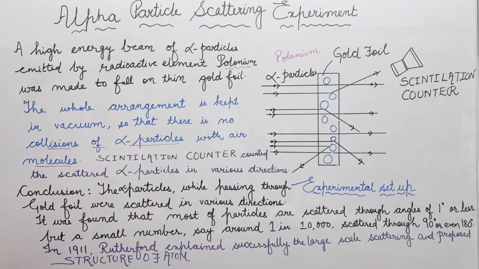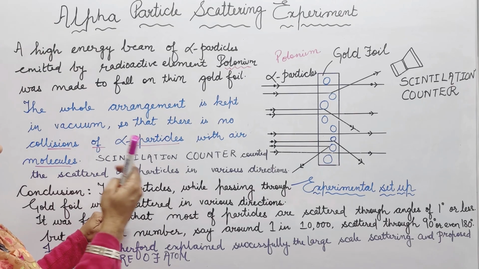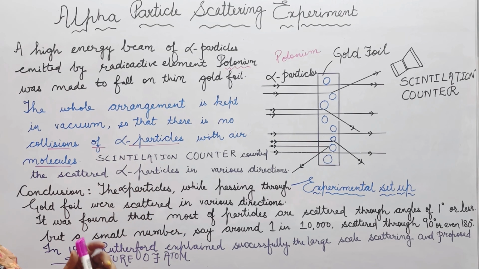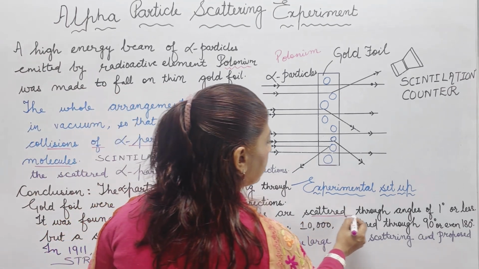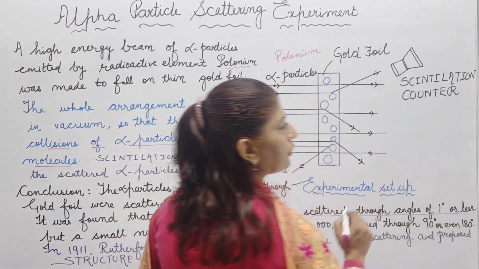Now, when the outcome of the scintillation counter was observed, it was found that the gold foil makes the alpha particles scatter, but most of the alpha particles are scattered through angles of 1 degree or less.